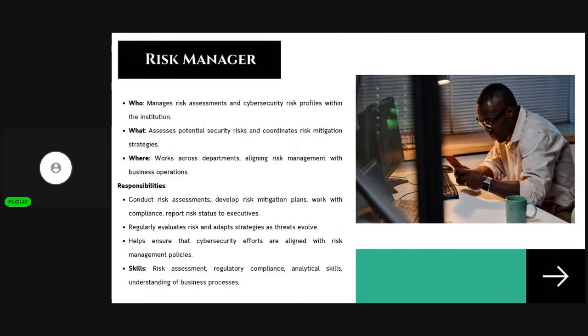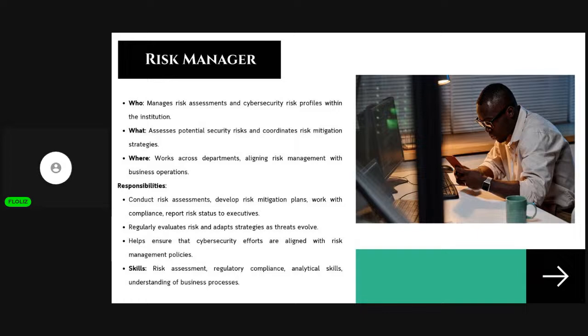So we also have the risk manager. Now, the risk manager has to manage the cybersecurity processes, looking at it from the risk perspective. And the risk manager should work across departments, because every department is peculiar with its own risk.